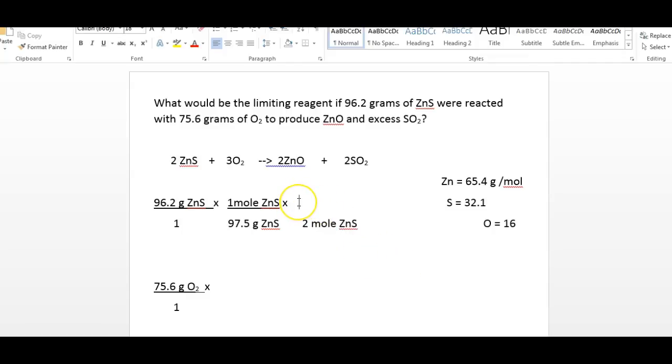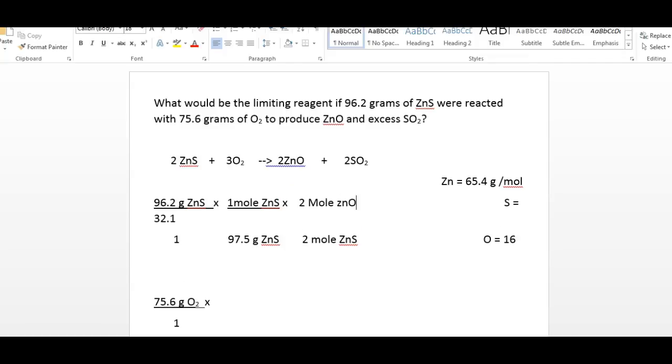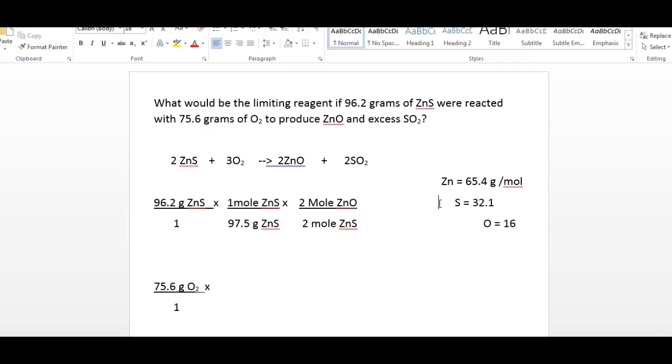On the top, we're going to have 2 moles of zinc oxide. Okay, so now we just need to figure out how many moles.